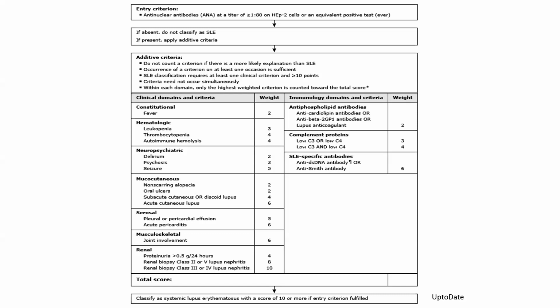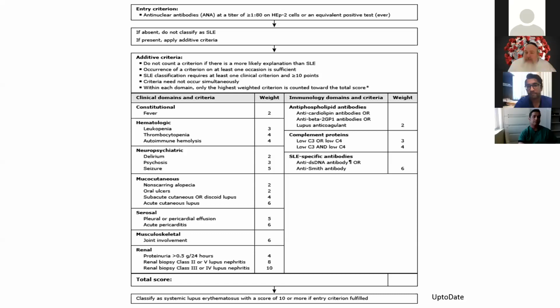For example, if we can see a documentation of thrombocytopenia in the past, then we can count it even if it is not present at the time of most recent evaluation. And criteria do not need to occur simultaneously. Within each domain, only the highest weighted criterion is counted toward total score.